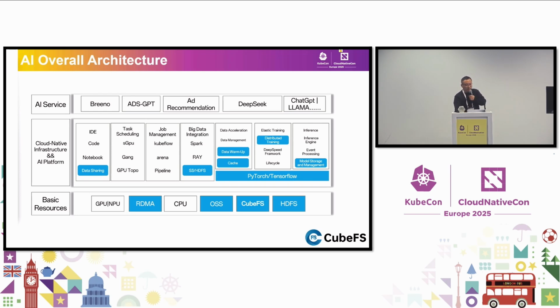The top layer is the service layer for specific AI products. The model layer is the main AI workflows in the cloud native environment. There are several storage-related parts, such as AI code and its online editing and sharing capabilities, data integration, AI training workflows, and model storage and distribution.